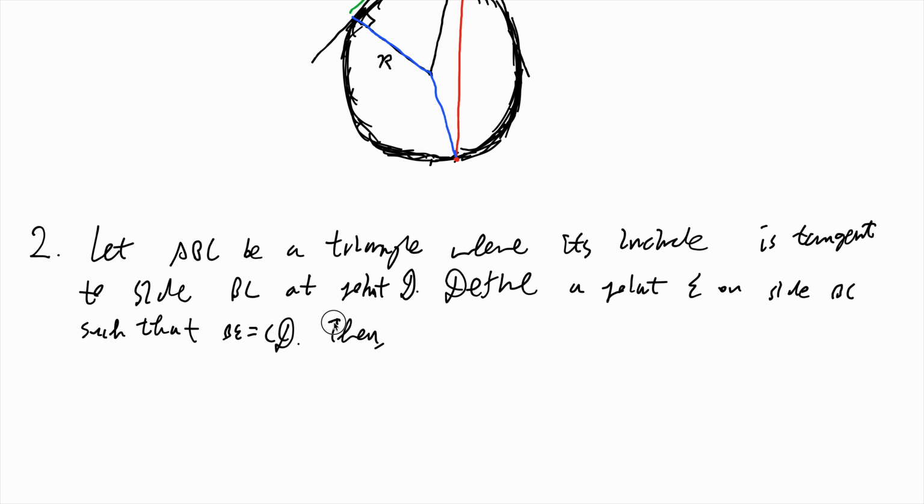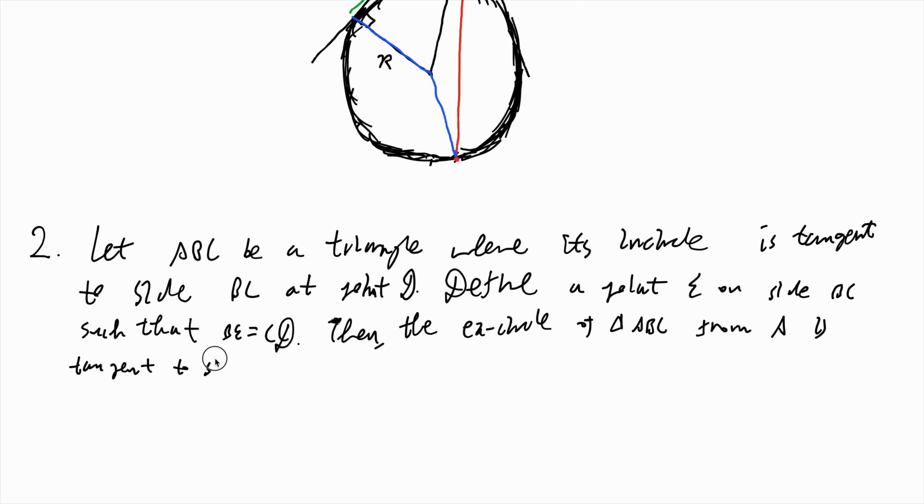Then the excircle of triangle ABC from vertex A is tangent to side BC at point E. Let ABC be a triangle where its incircle is tangent to side BC at point D. Define point E on side BC such that BE is equal to CD.